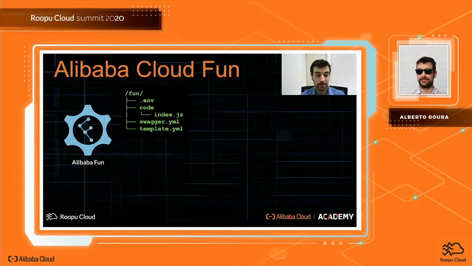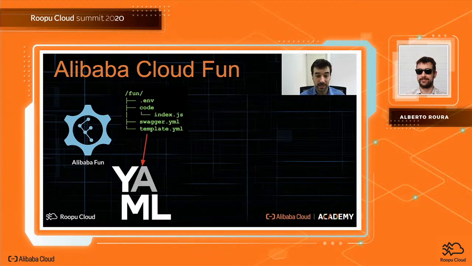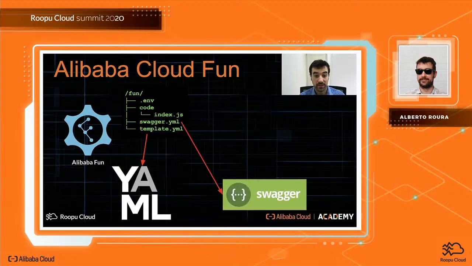So as you see, you have this folder structure. You have a YAML file, which is the template, where you define the login you want to use, the functions you use, and the language of the functions. You can define the database in Table Store. You have the Swagger file, which is also in YAML.